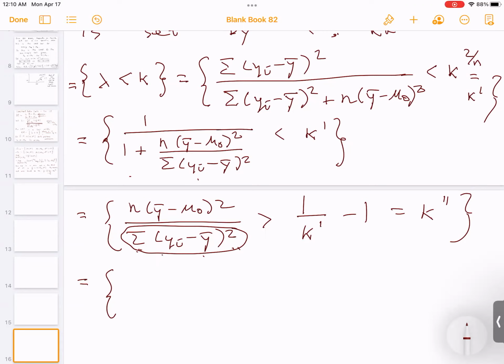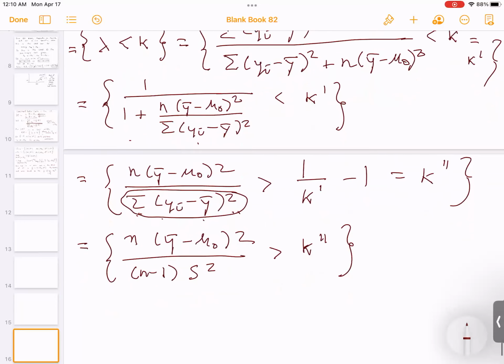Let's just leave it. So this is n y bar minus mu 0 squared over s squared times n minus 1. So this is n y bar minus mu 0 squared over s squared, greater than k double prime.